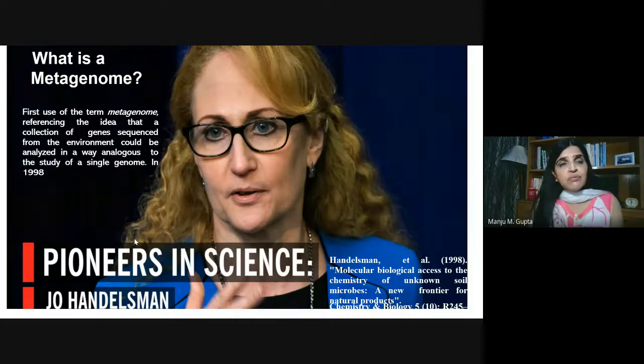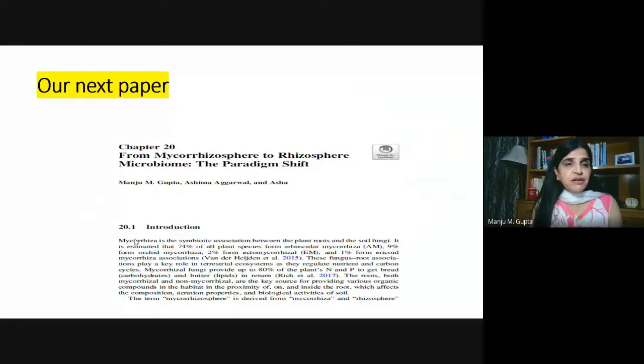What do we understand by metagenome? Metagenome refers to all the sequences which are isolated from one environment. This is how it was defined. And by now I had understood that I was going to shift from the mycorrhizosphere to the rhizosphere microbiome. Again, it was a beautiful journey.